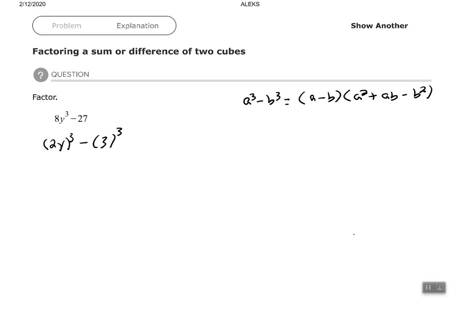So 2y is in the place of A and 3 is in the place of B. So using that formula there, we have 2y minus 3, and then 2y squared is 4y squared, plus 2y times 3 is 6y, plus, sorry about that, 3 squared is 9.